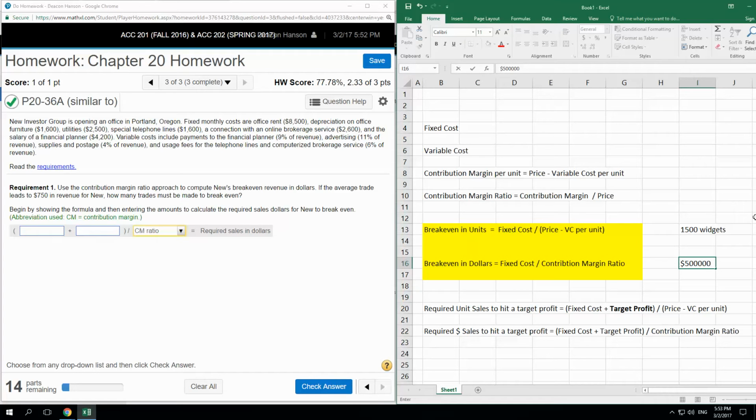So we have 4 formulas in this whole cost volume profit analysis situation: break even in units, break even in dollars, required unit sales to hit a target profit, and required dollar sales to hit a target profit. Those are the main concepts in this chapter, and we're going to call this cost volume profit analysis.